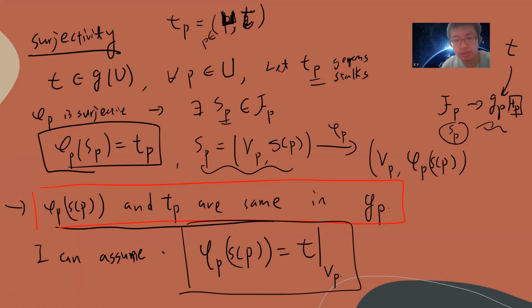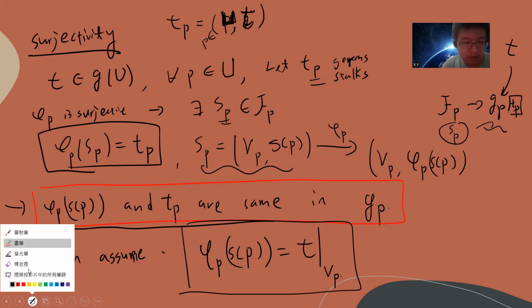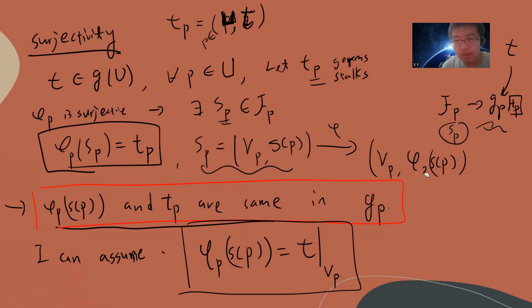The same in the germs means that T restricted to V_P is the image under phi. This is phi, because this is in terms of germs. In terms of the sections, the sheaf induced map just applies phi to the sections. So we have phi(S_P) equals T restricted to V_P.